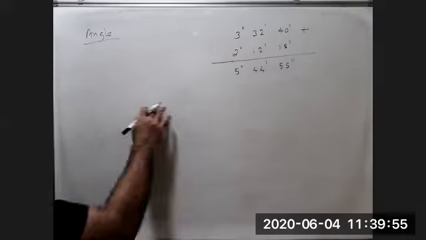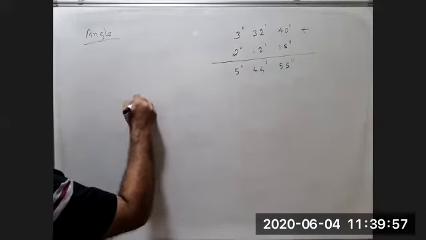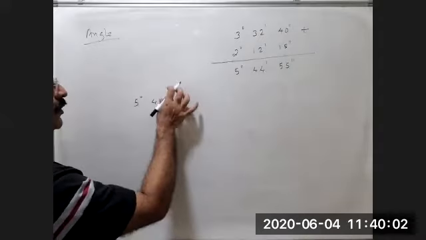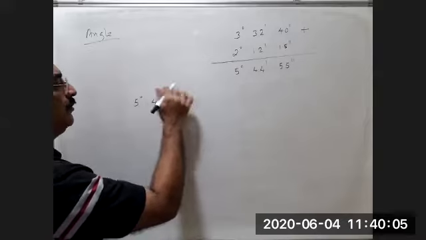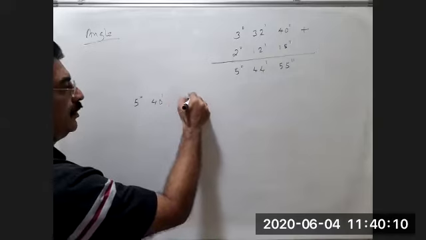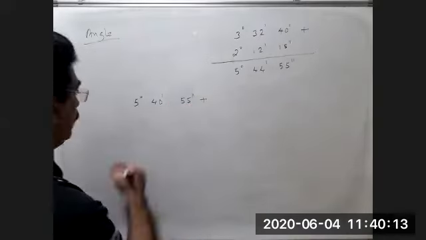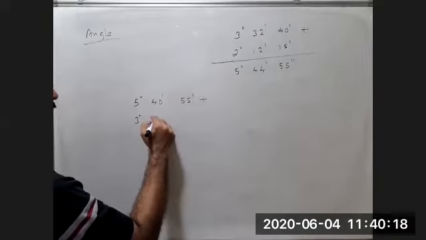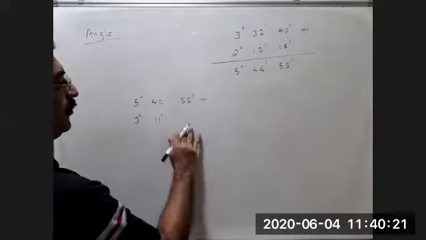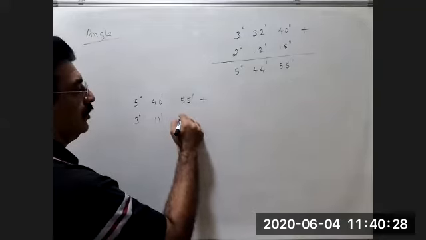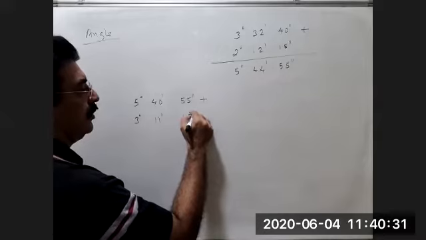Now, if it is 5 degrees, 40 minutes, 55 seconds, plus 3 degrees, 11 minutes, 12 seconds.